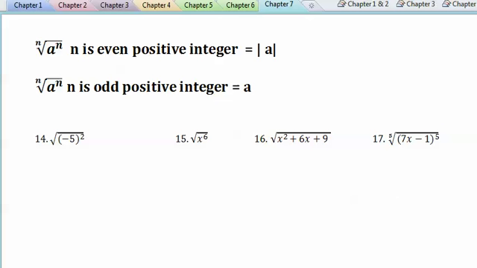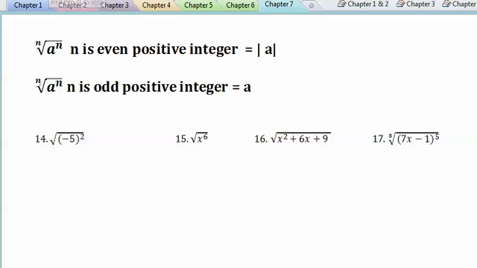If the index is an even positive integer, and it evenly divides into the exponent of the radicand, you are going to have the absolute value of the radicand. Whereas if it's odd, then you don't, because an even power can produce a positive or negative, whereas if it's odd, it can only be negative.